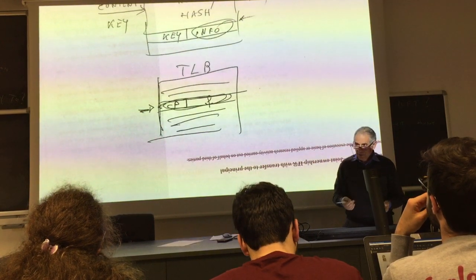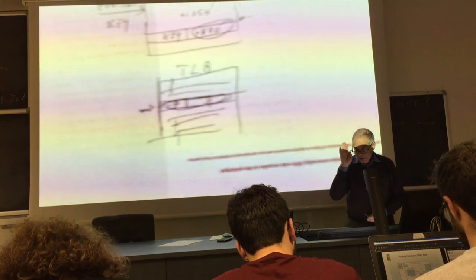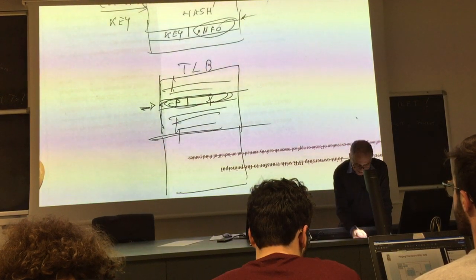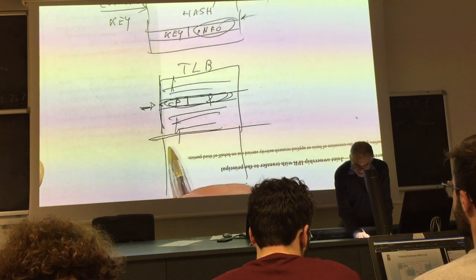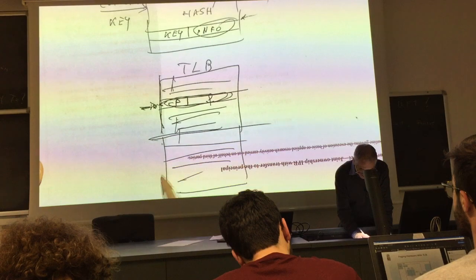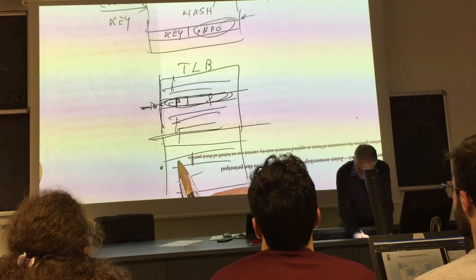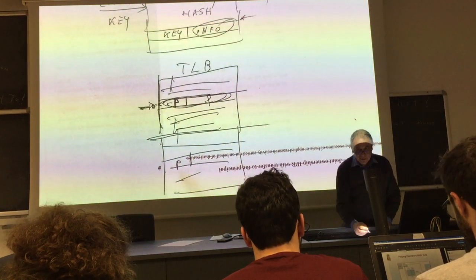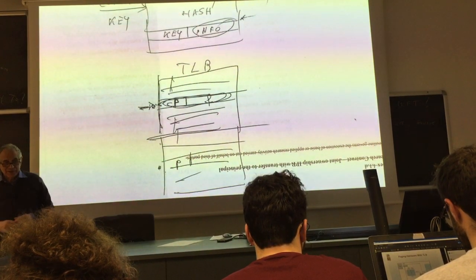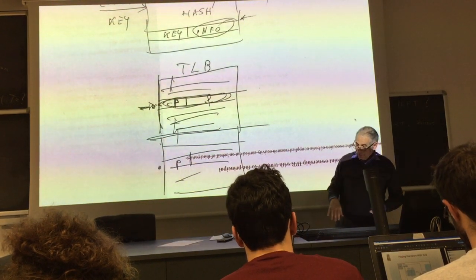So when you look for P, you don't look at every possible entry, but just one entry. Or from an engineering point of view, it is better to have this TLB doubled or 4 times. So if you don't find it here, you can find it here. It's like a hash table. You look at the first TLB, if it is not there, you go to the second, and maybe in some systems you have 4 of them.